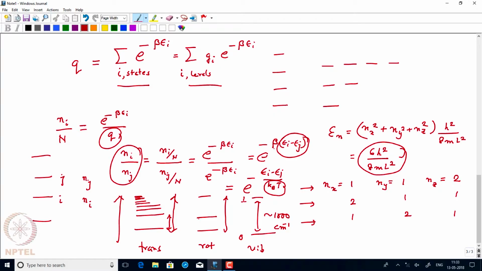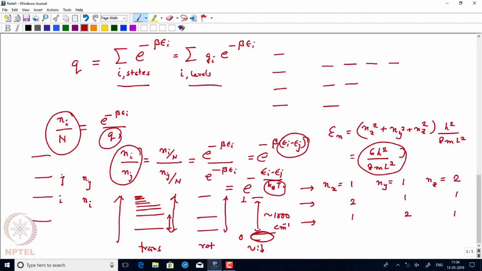You can also calculate this for individual energy levels, and the ratios. If you calculate that, you will see that more than 99.99% of molecules reside only in the 0 energy level. So vibrational energy levels at room temperature behave very much like discrete levels. So you see a quantum mechanical effect from that.